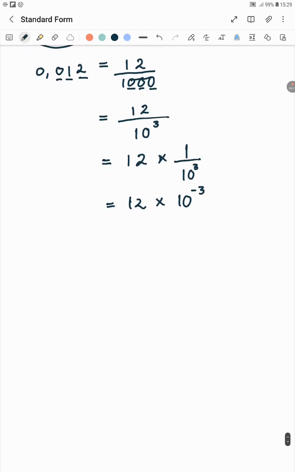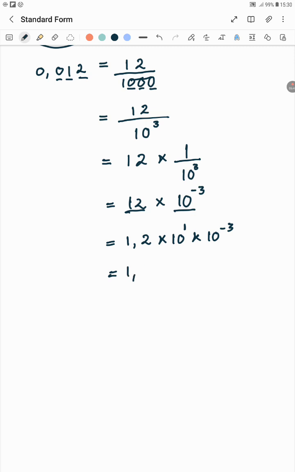And 12 times 10 to the power minus 3 is not yet in standard form because 12 is greater than 10, but a is supposed to be greater than or equal to 1 but less than 10. So to make it a number within that category, it's going to be 1,2 times 10. This is the same as 12, and then we multiply it by 10 to the power minus 3, and this one, I want you to know, is to the power 1.